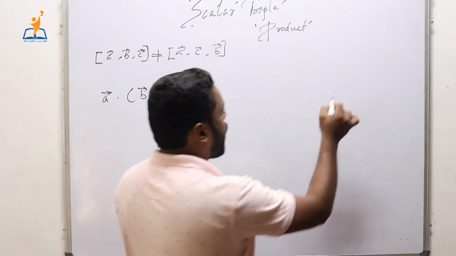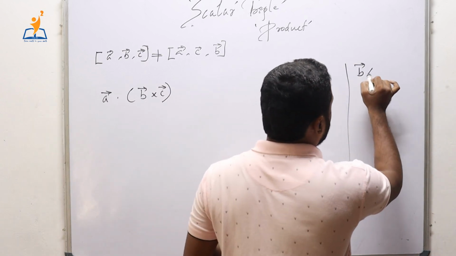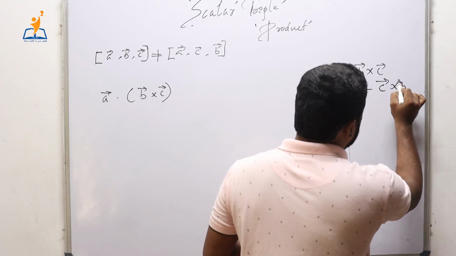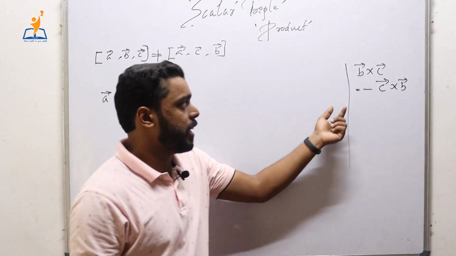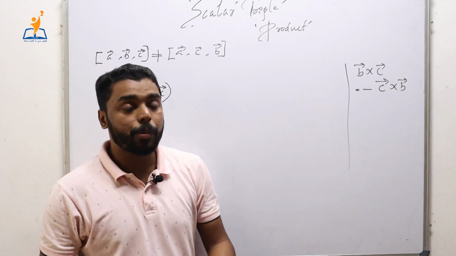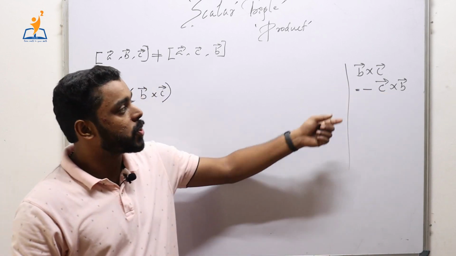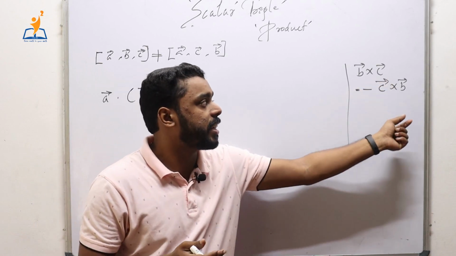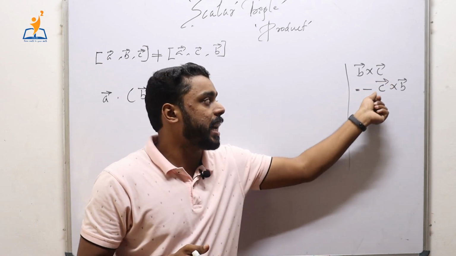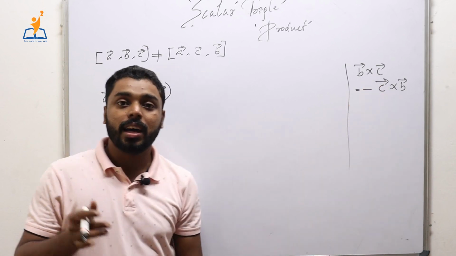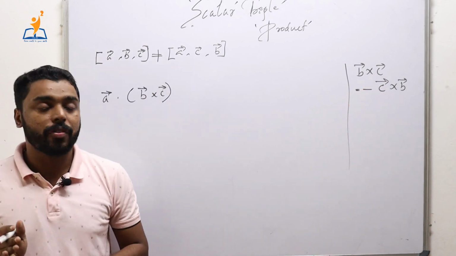We also know this very important result from the cross product: B cross C is nothing but minus C cross B. We described this in our property list. We said that the cross product is not commutative, but it satisfies this relation because sin theta is an odd function. So whenever we reverse the direction of the cross product, the sign will be reversed, plus turns to minus. That is what we learned in the properties of cross product in the previous classes.